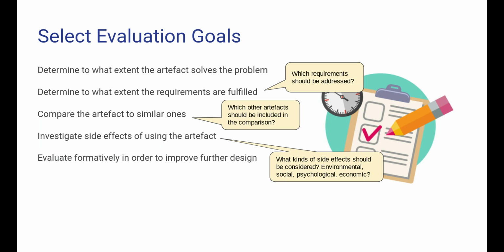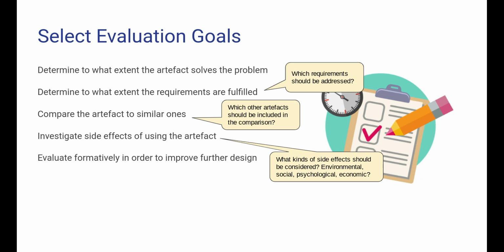And it's not only about selecting evaluation goals on a high level, but also deciding about more details. For example, if you go for checking the requirements, maybe you're not able to address all the different requirements, so you need to decide which requirements you should check. If you go for comparison, then you need to decide which other artifacts you are going to compare with.